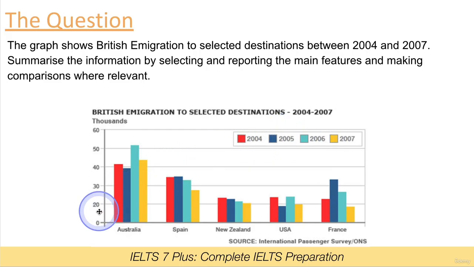And then we've got on the y-axis, the number of British people that have emigrated in the thousands. Okay then, so we've got a few things we can do with this one. Australia is very popular. First thoughts, initial thoughts, followed by Spain. France had a good year in 2005, had many Brits going there.